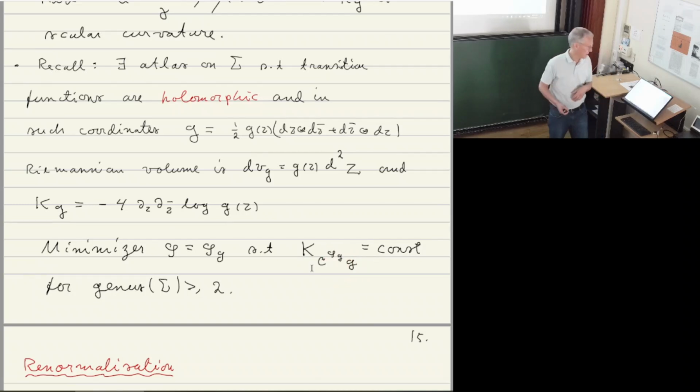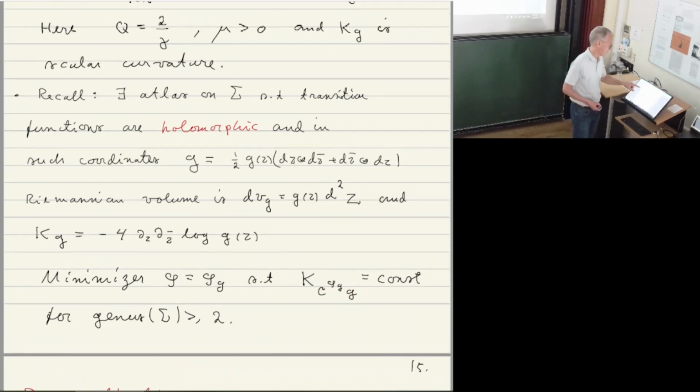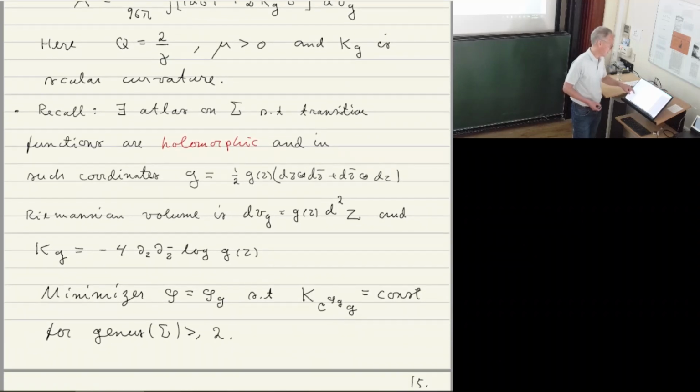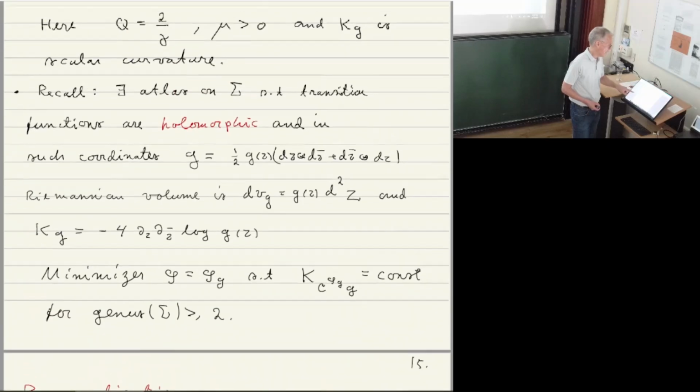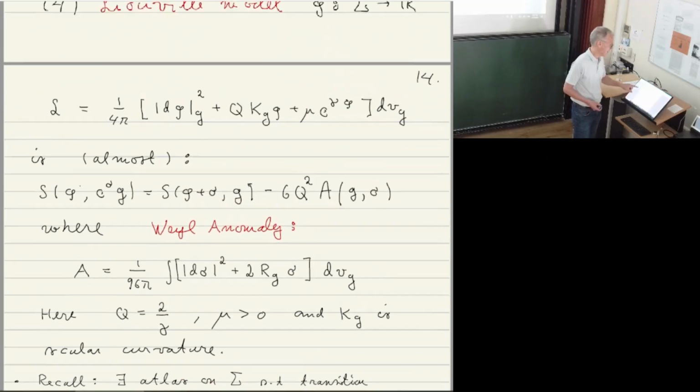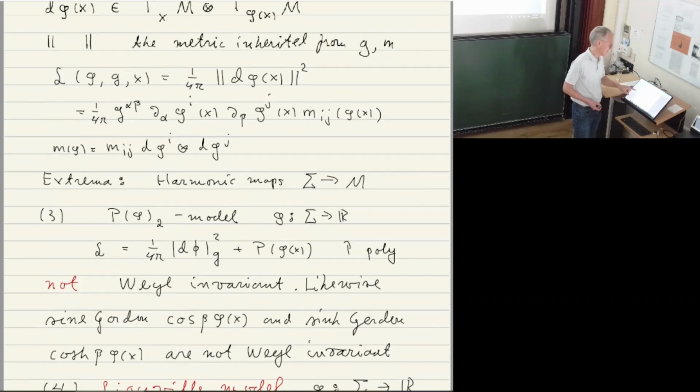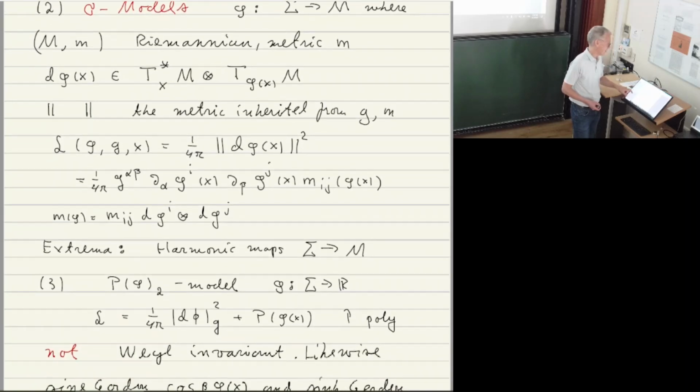Okay. This is why it's called nu. It came from uniformization theory and that kind of business. Okay, so here are our examples. We are going to discuss the sigma model tomorrow.